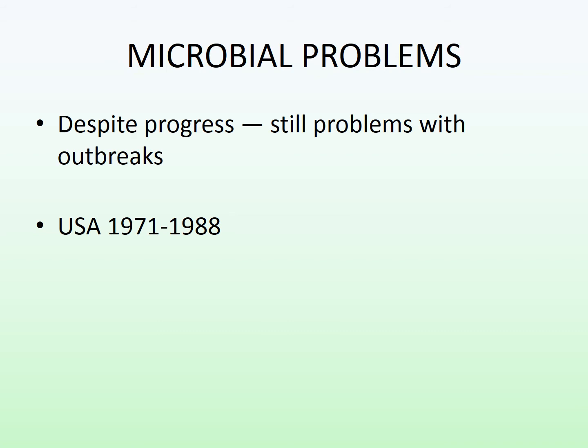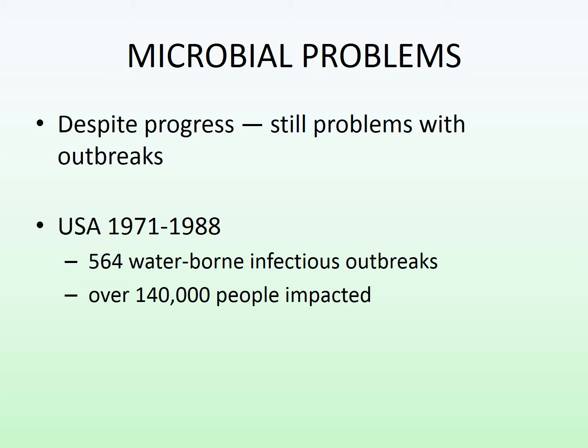If we look at a period of time in the U.S. between 1971 and 1988, there were 564 documented waterborne infectious disease outbreaks. Now, these 564 outbreaks resulted in impacts for over 140,000 Americans. So that's a little slice of time.